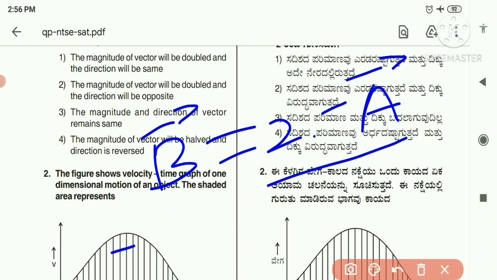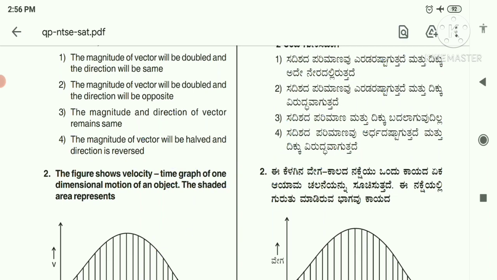The answer is minus 2A. So the answer is the second one. The magnitude of the resultant vector will be doubled and the direction will be opposite, because the minus sign shows the opposite direction. So next question we have to solve.